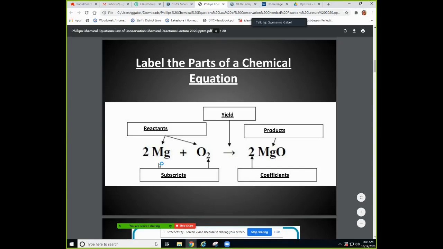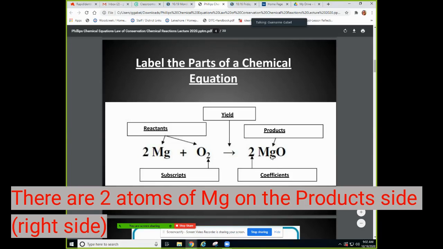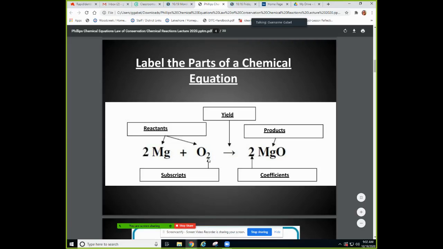We know that when we multiply our coefficient to each element, it tells me I have 2 atoms of magnesium and 2 atoms of oxygen. So 2 atoms of magnesium on both sides and 2 atoms of oxygen on both sides.